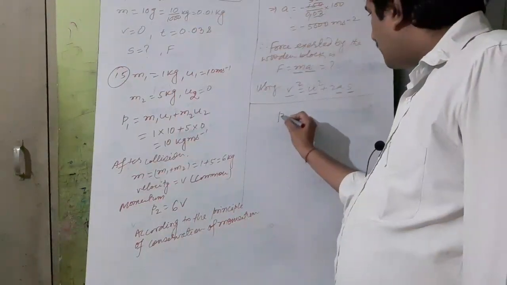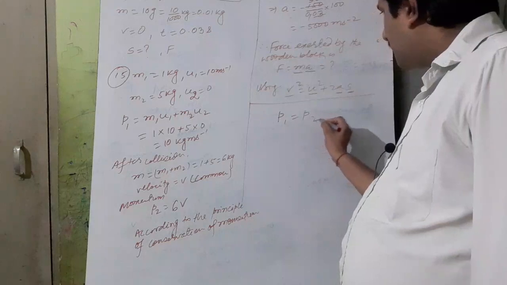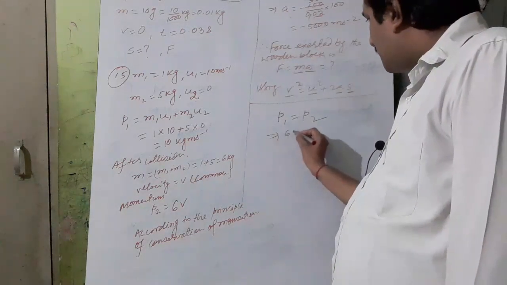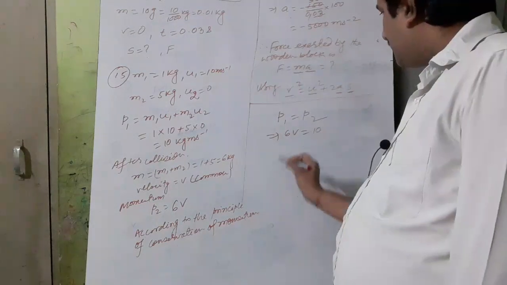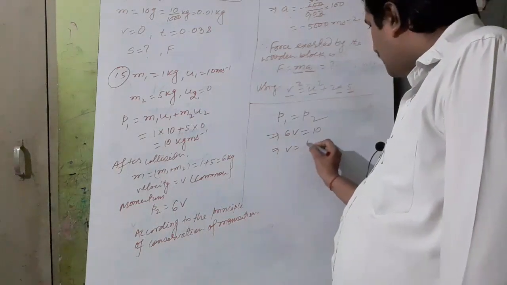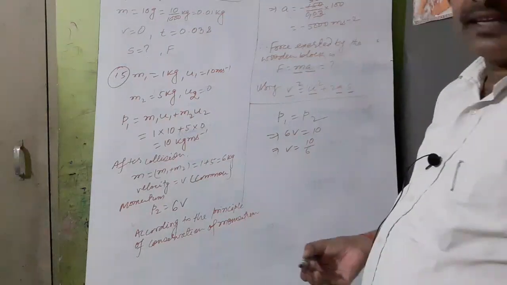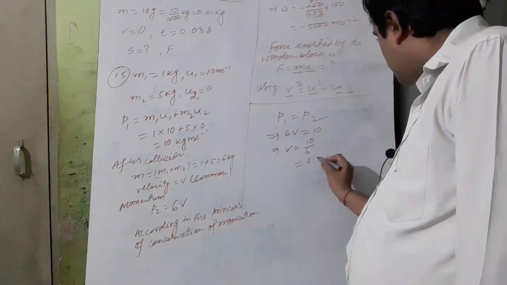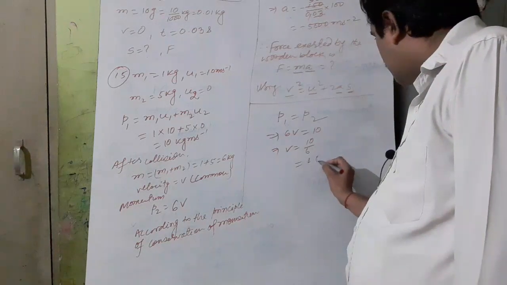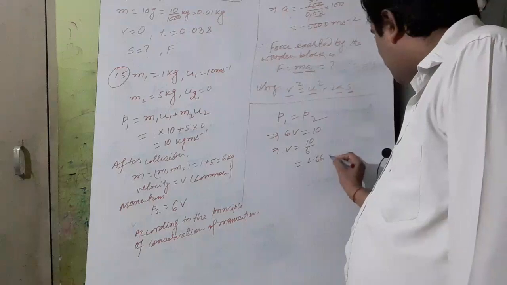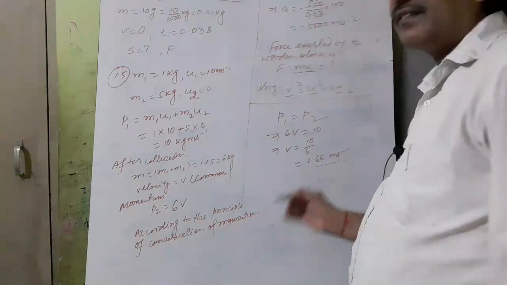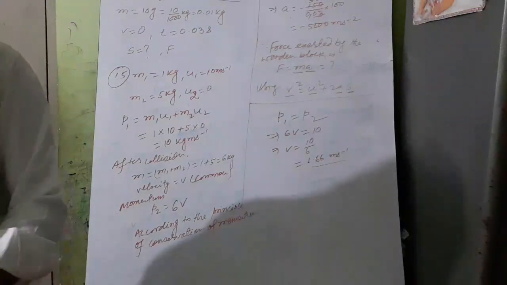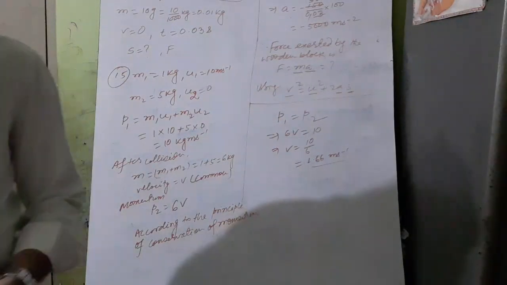P1 is equal to P2, which implies 6V is equal to 10, and from here you can find V is equal to 10 by 6, and 10 by 6 means 1.66 meter per second. This is the common velocity after the collision of the two bodies. Got it?